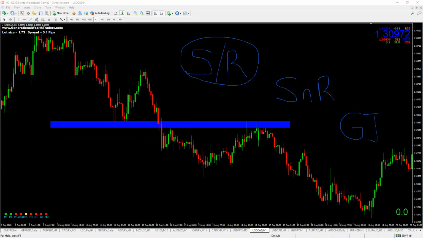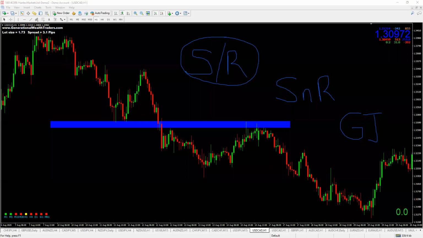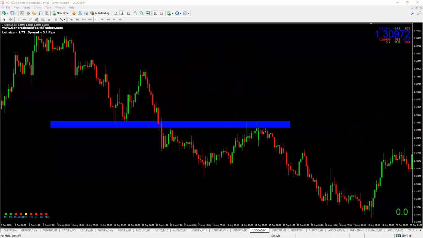So in a nutshell, explaining what support and resistance is, in my own note here, I've basically said that support is the price at which an asset can trade down, but not exceed for a period of time. I'm trying to be very simple here, but sometimes we do get very technical.